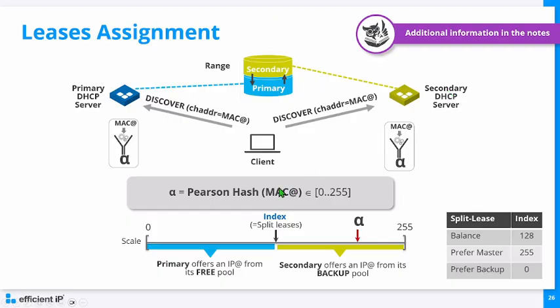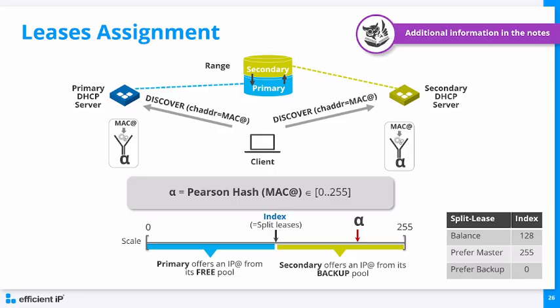But if the hash value of the client MAC address is higher than 128, that is from 129 to 255, then the secondary will offer. The primary will not. So they use this mechanism to decide which one will offer.